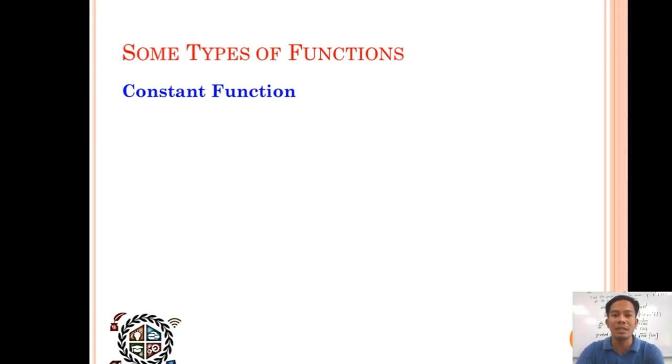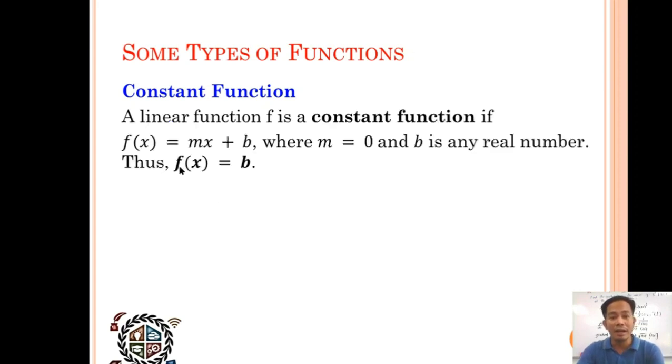So what is a constant function? From the word constant, okay, it's just a number. Okay? An f of x or a function is only equal to a number. Okay, yung b na yan, it represents a number. It says here, a linear function f is a constant function. So, a constant function is a linear function, by the way, where m is equal to 0.